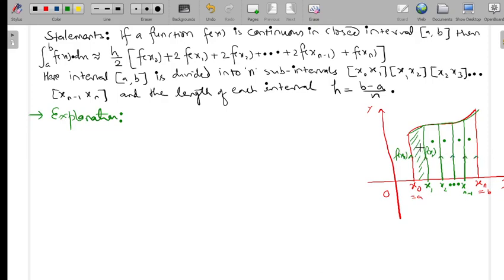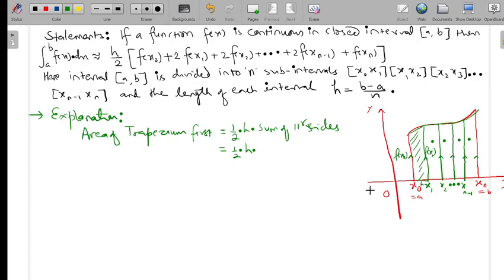You know the area of a trapezium is 1 by 2, height, sum of the parallel sides. So the area of the first trapezium is 1 by 2 times h, this is h, and the sum of the parallel sides is f of x0 plus f of x1.